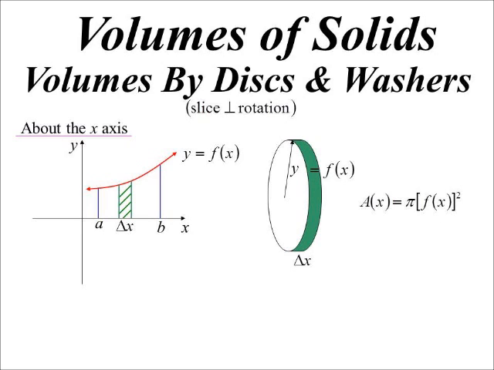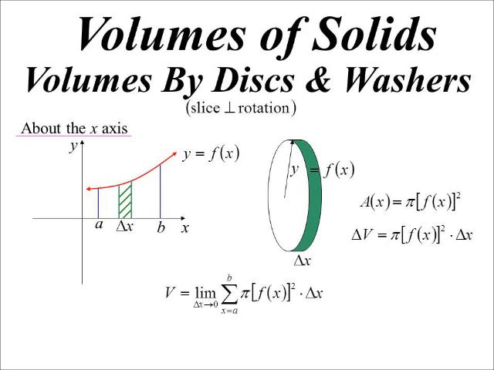So if I wanted to look at the change in the volume, it would be that cross-section area times the thickness. In other words, the volume of a cylinder, so times delta x. But I want to sum up all of these cylinders, going from an x value of A to an x value of B. And just like we saw with area, we say, oh, hang on, this turns out to be the primitive function.